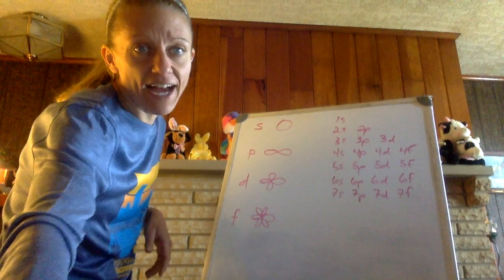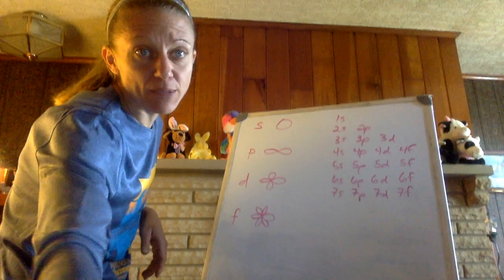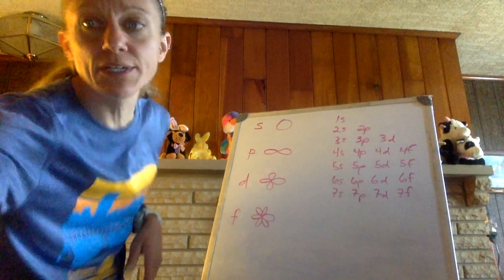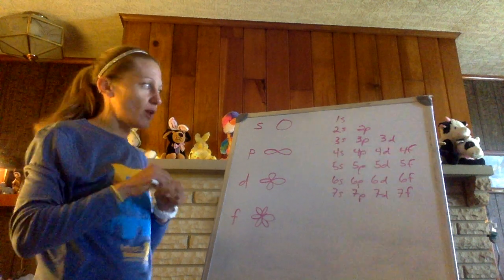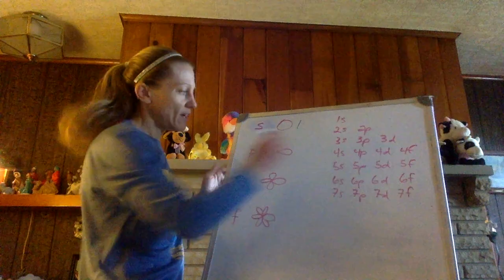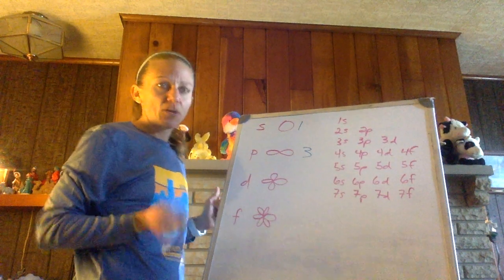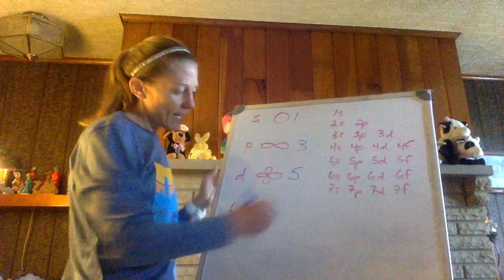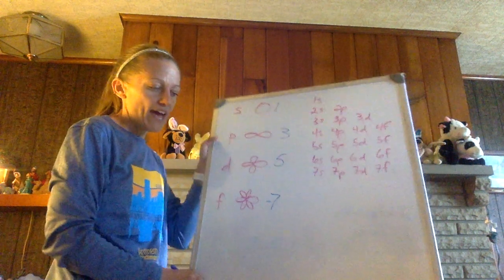So, my number of orbitals comes from how many directions they can point, and you do not need to be able to calculate these, but you need to be able to know these, that I have 1 s orbital, I have 3 p orbitals, I have 5 d orbitals, and I have 7 f orbitals.